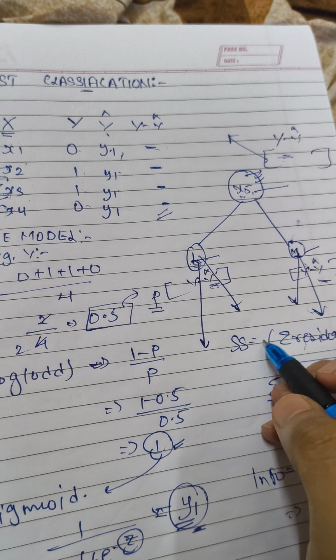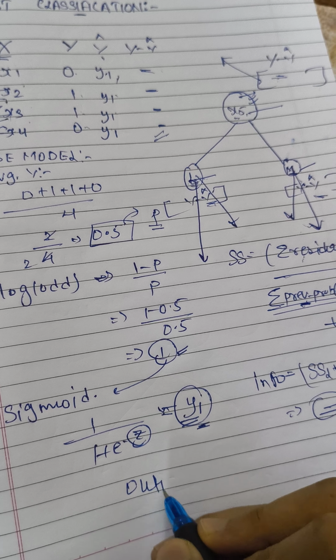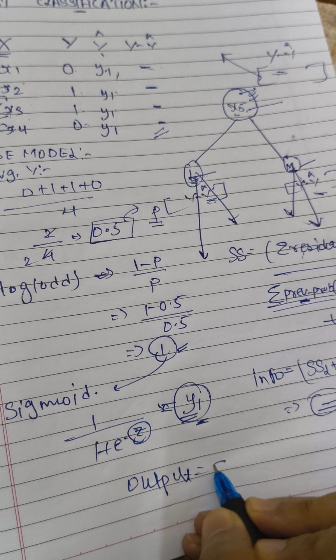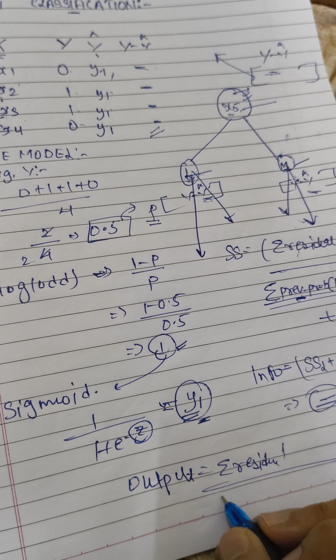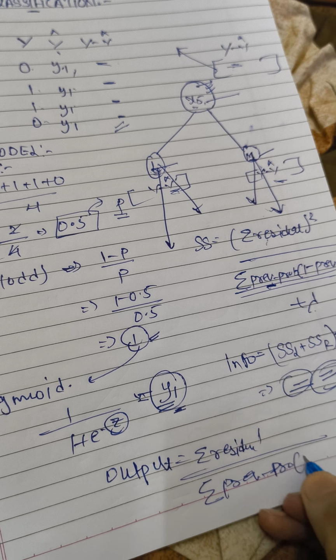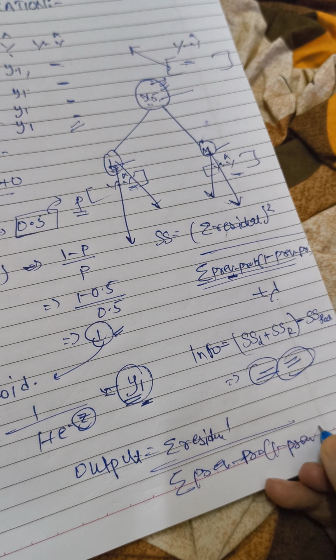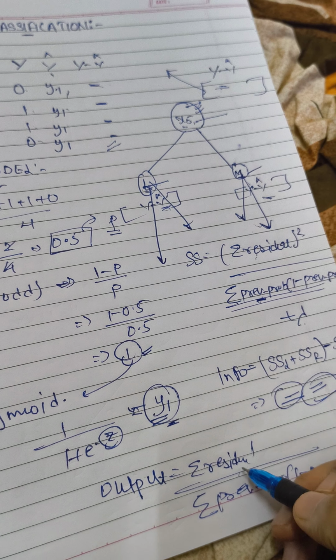Now I will tell you the formula for the output. The formula for the output will be the summation of the residual upon the summation of the previous probability into 1 minus the previous probability, plus lambda. The formula is just the same, but here there is a square, here there is no square.